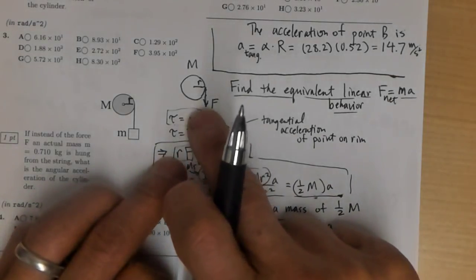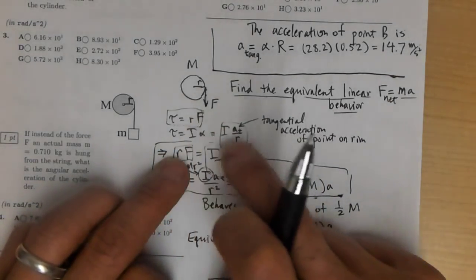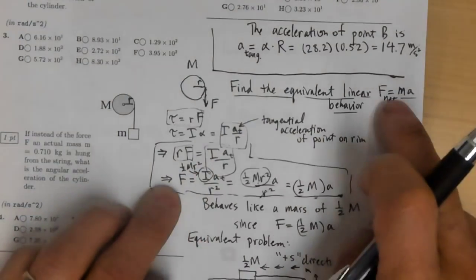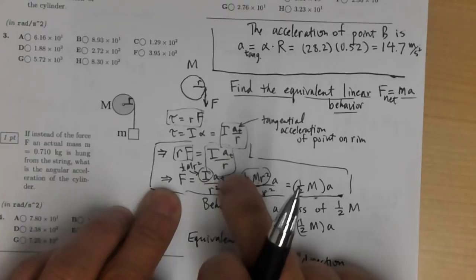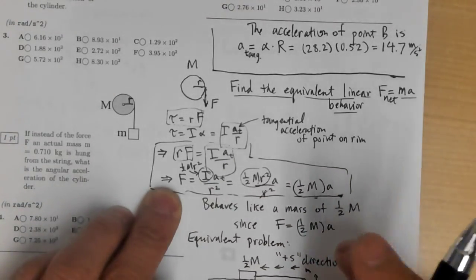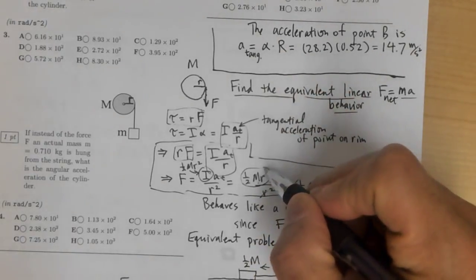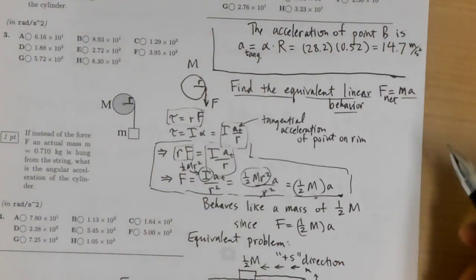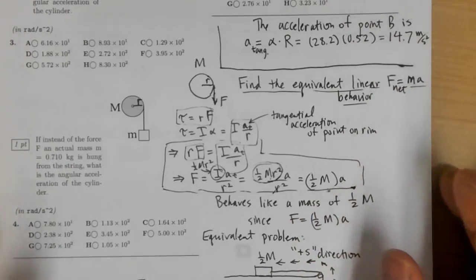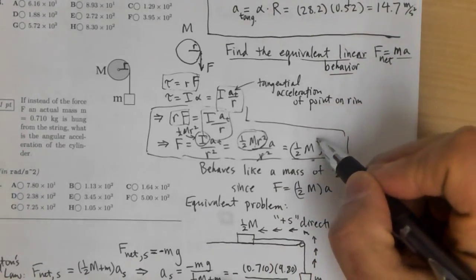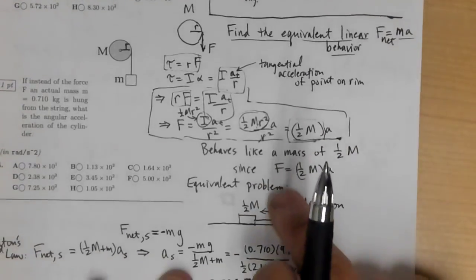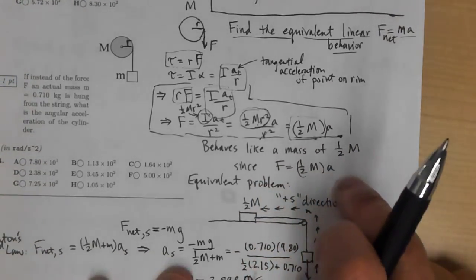Then RF is equal to I times A over R, and I write it in the form I said. I want F is equal to something times the acceleration, and I end up getting 1/2 m times A. I use the fact that for a uniform disk, the moment of inertia is 1/2 mr squared. So I get that this effective mass is 1/2 m, since F is equal to 1/2 m times A.